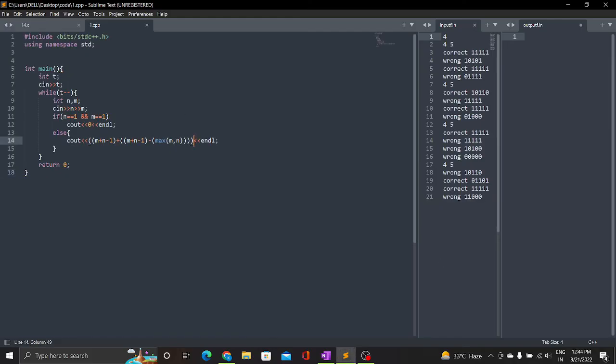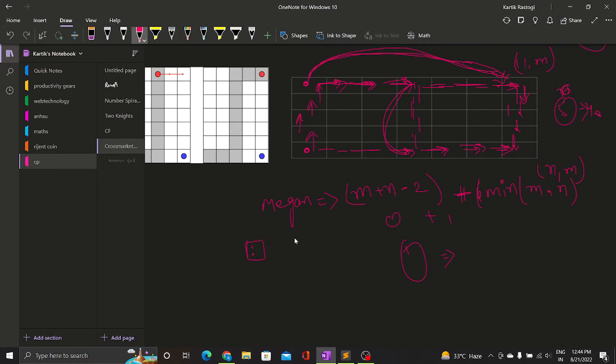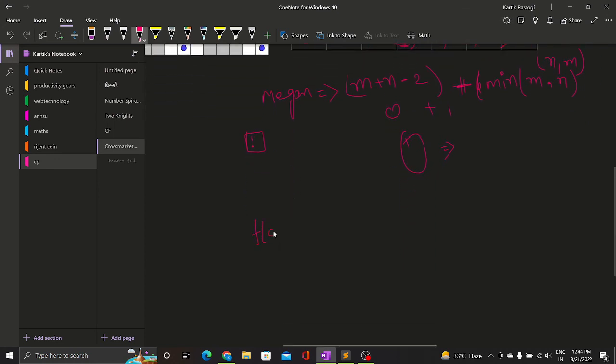And now we are going to code this with our own function. Our function was like this. Function answer is equal to m plus n minus 2 plus minimum of m comma n.